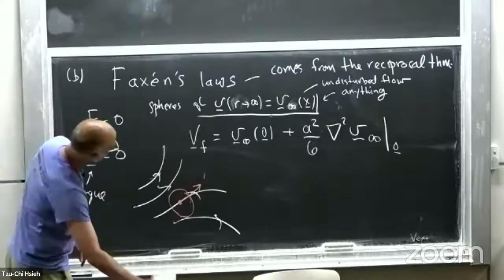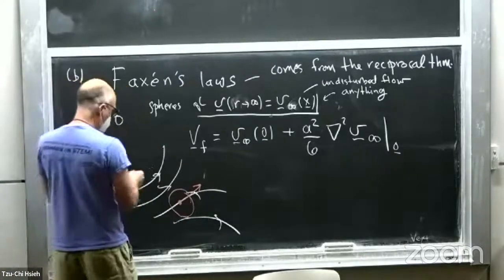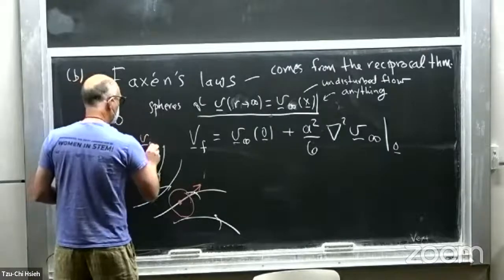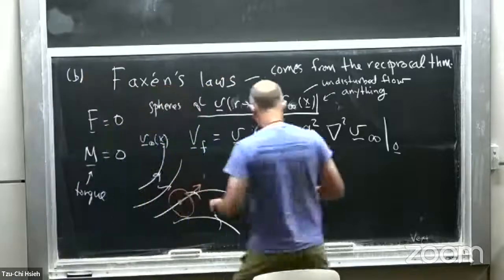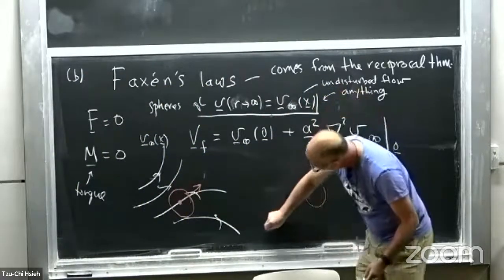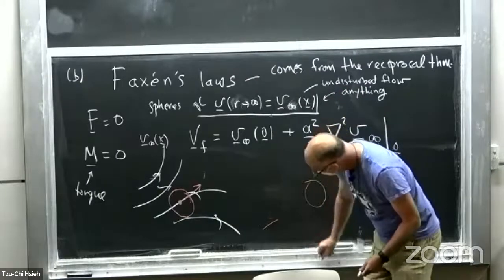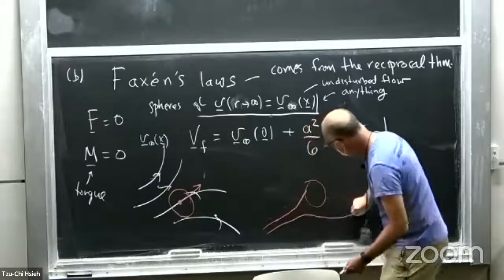Okay, here this flow is v infinity of x, and then the actual flow with the sphere in it is going to look a little different. Far away, it's going to be the same as v infinity, but nearby here, it's going to do something else, right?